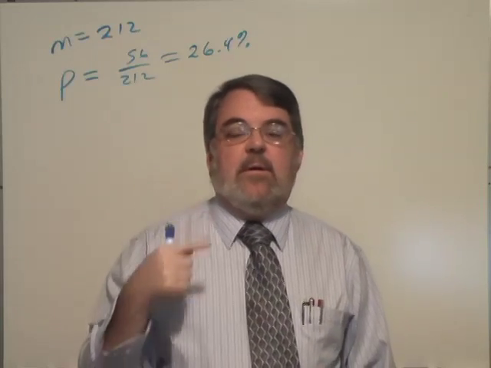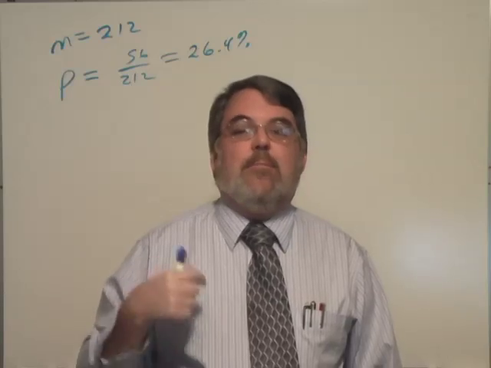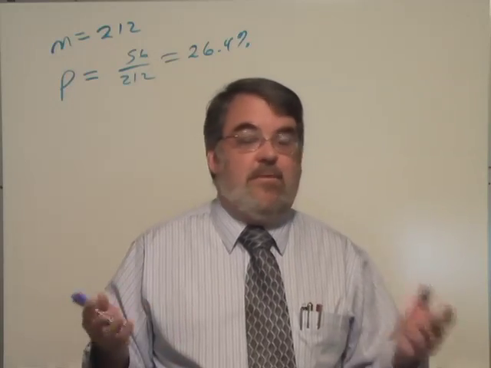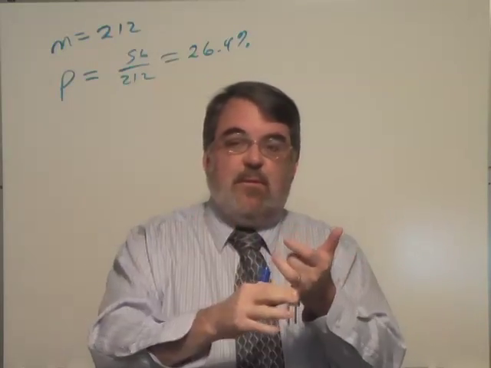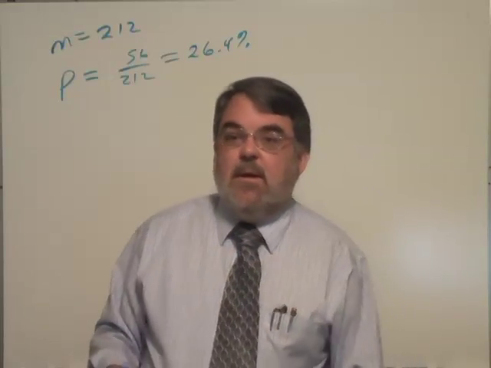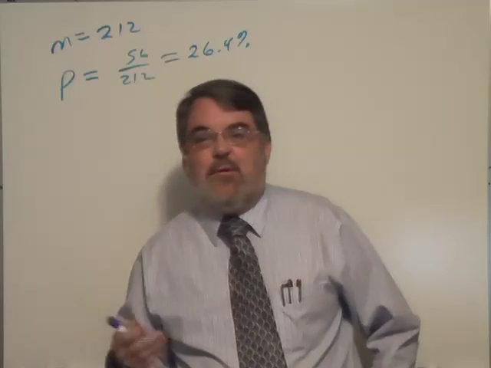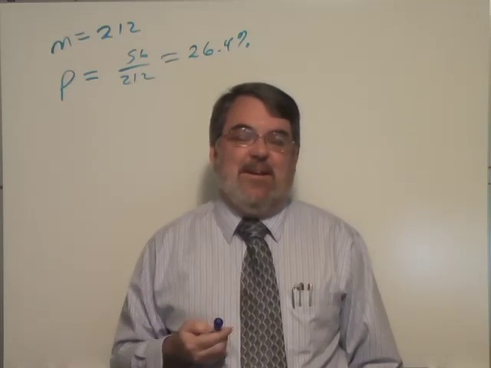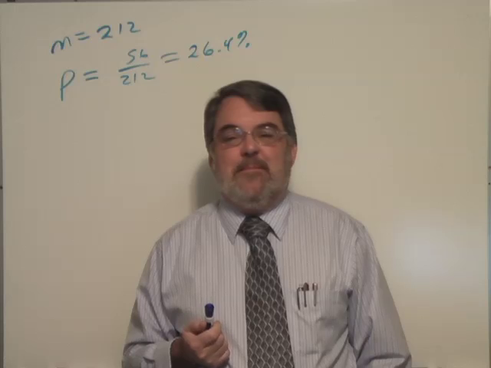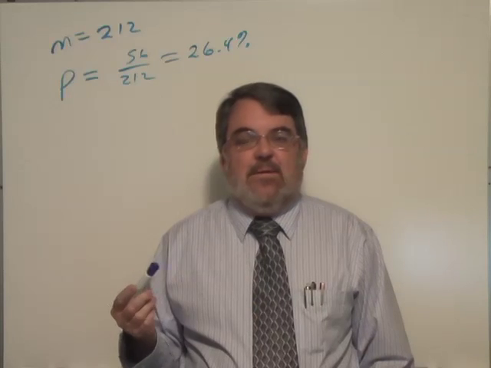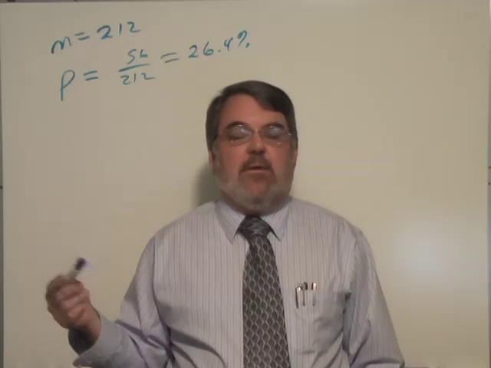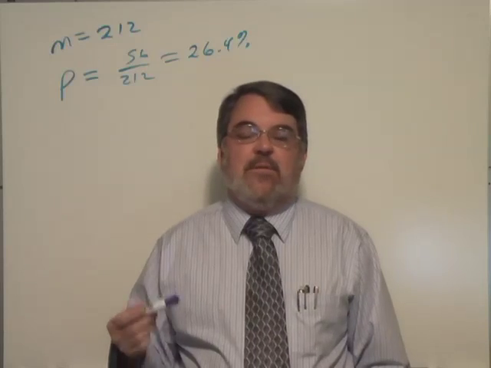This data, however, is binomial or binary data. There's only two choices. Either the student smokes or he doesn't smoke. And with only two choices, it's called binary or binomial data. Sometimes it's called Bernoulli data. And so it requires a different calculation to estimate the confidence interval.